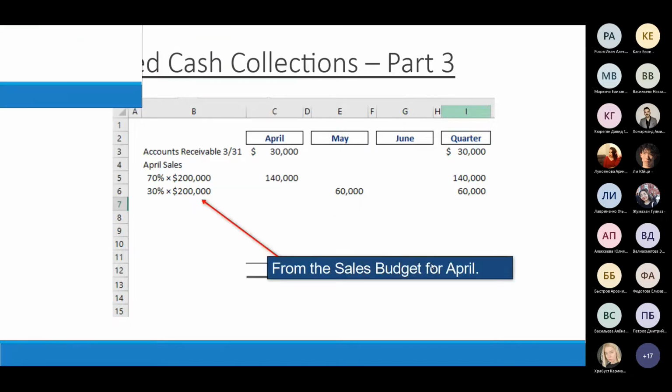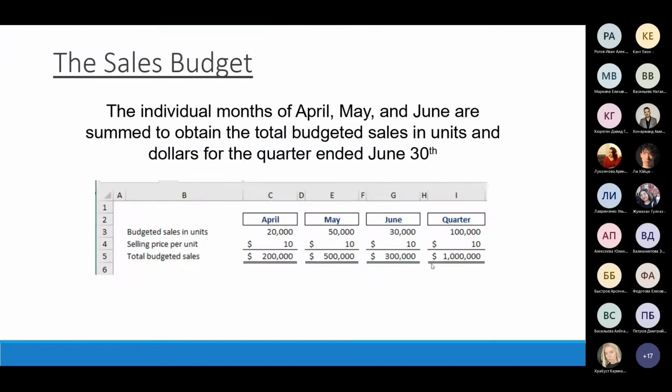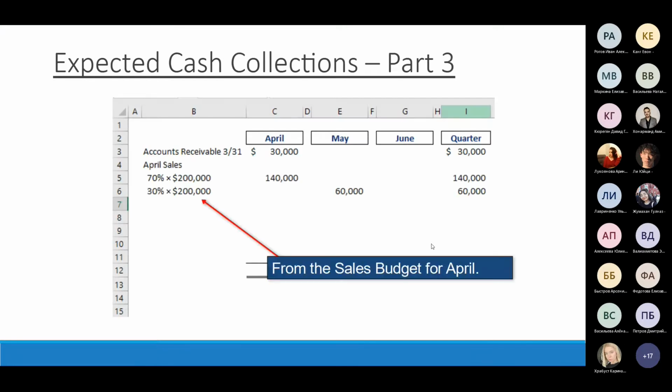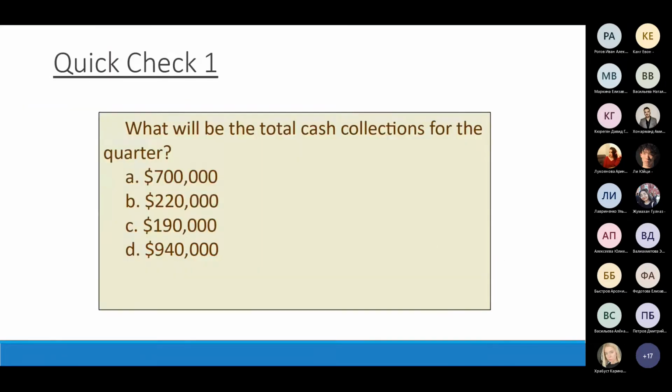So if we go back, we can see that they plan to make 200,000 in April, 500,000 in May, and in June, 300,000. It should be budgeted sales, and 1 million for the quarter in total. But what would be the cash collections for the quarter? So what is your version?